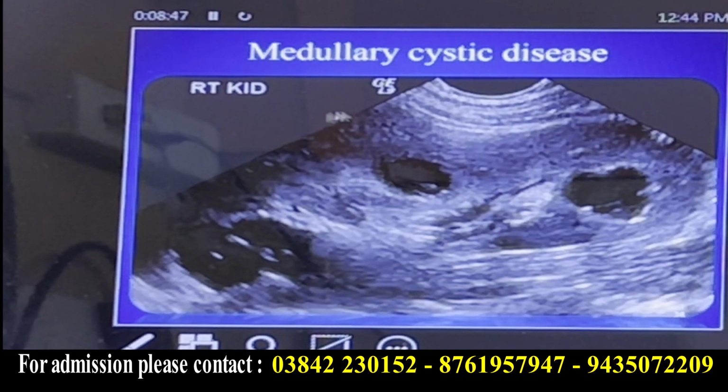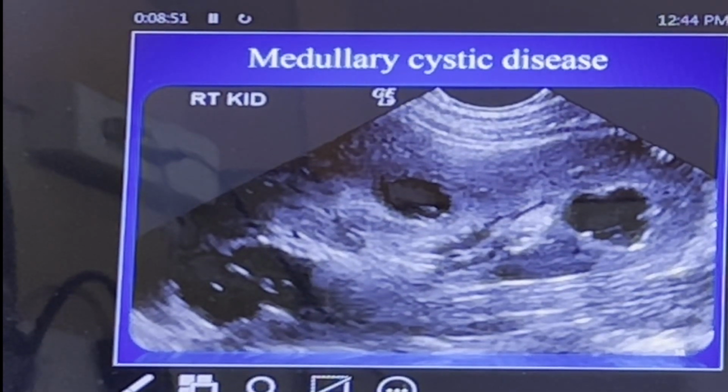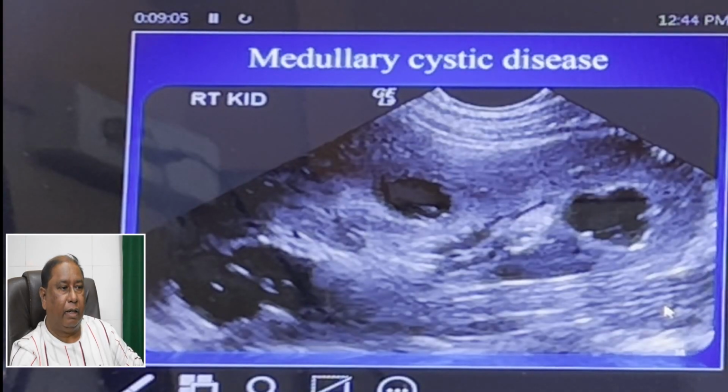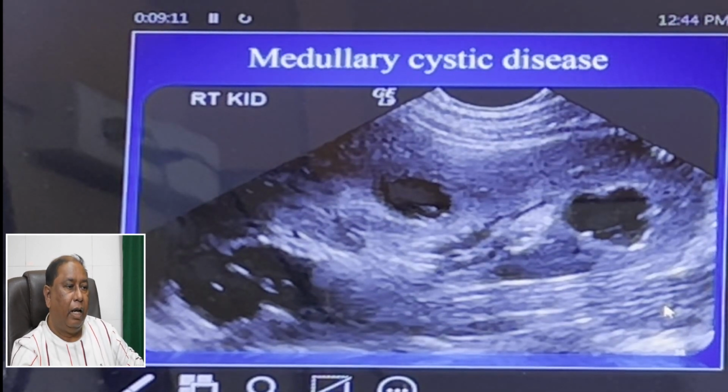What you see in this picture, this type of condition is present in young adults who have anemia, salt loss, polyuria and increased blood urea. Later it develops into renal failure. Here ultrasound shows a prominent renal sinus area.